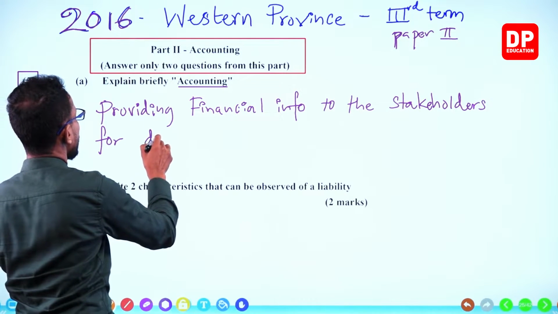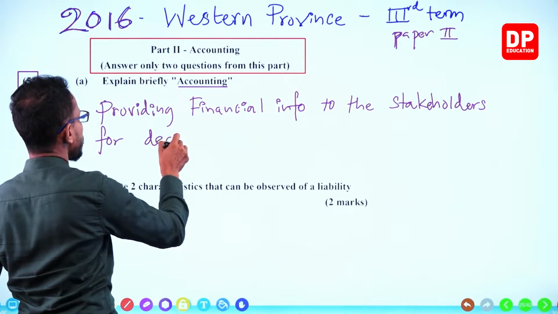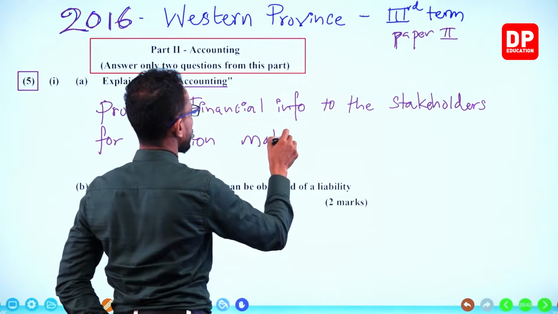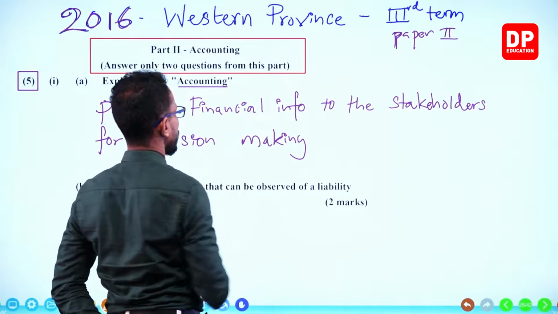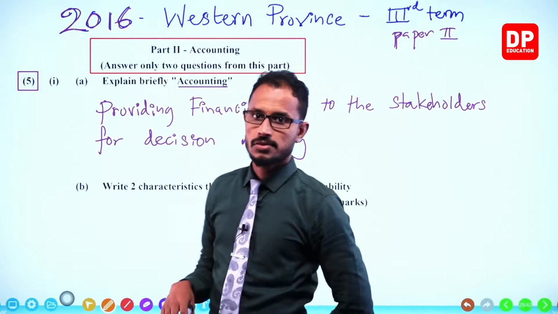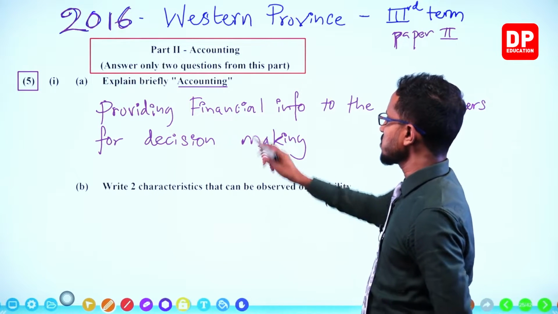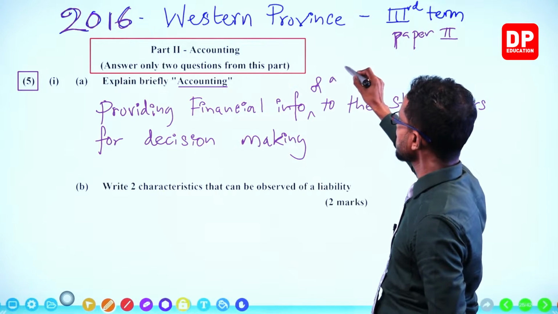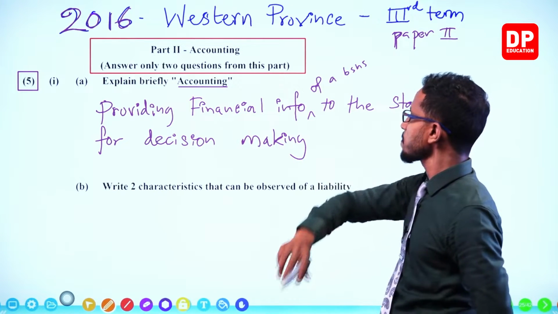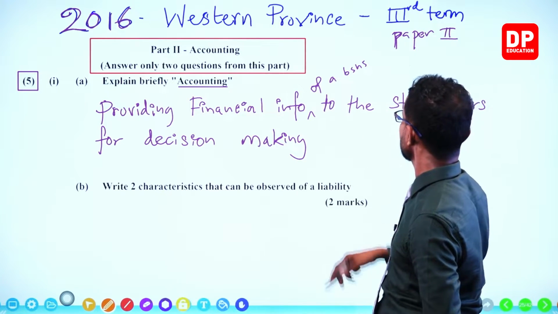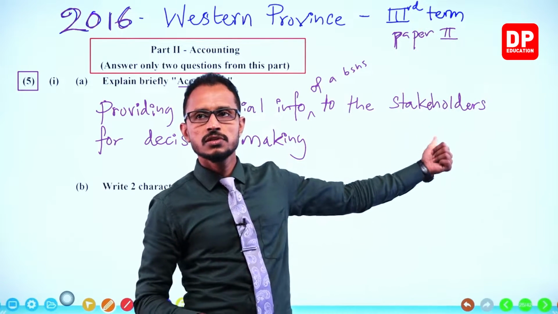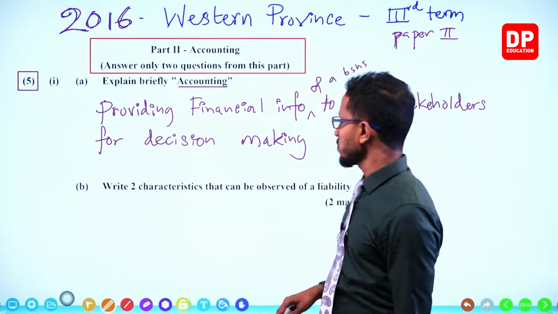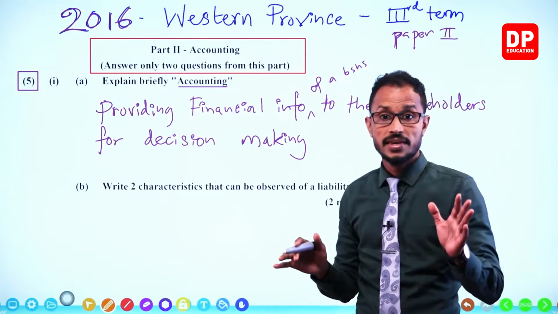For decision making. Got it? That's accounting. Providing financial information of a business to the stakeholders for their decision making.